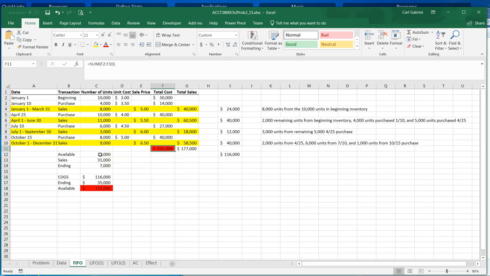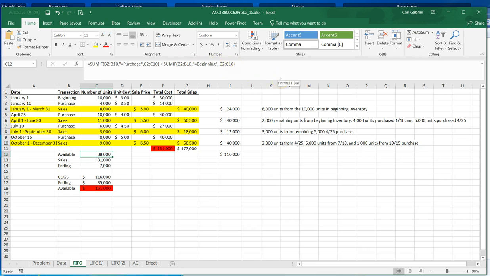Then I also wanted to know about units. Here I did a SUMIF: if the cells B2 through B10 equal purchase, then it would sum cells C2 to C10, plus the SUMIF where B2 to B10 equals beginning, sum up C2 to C10.